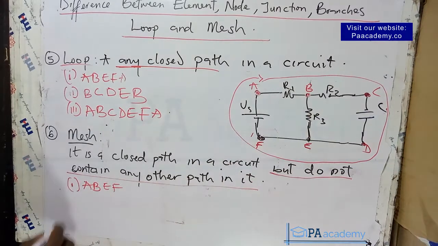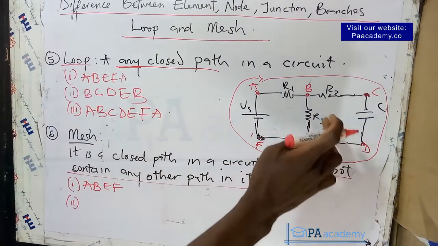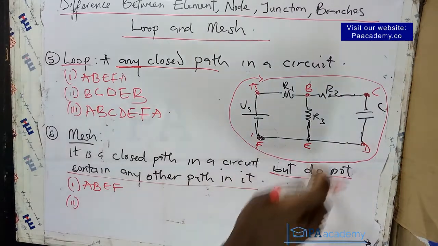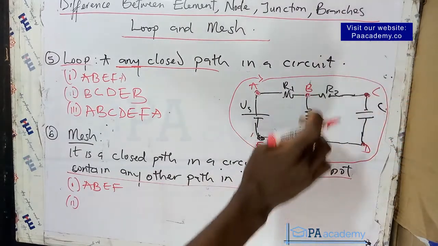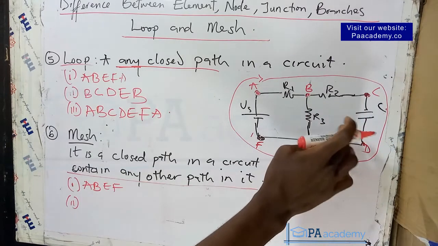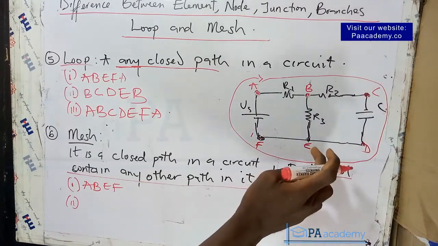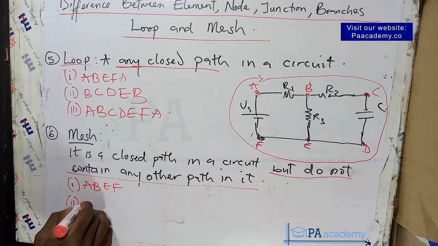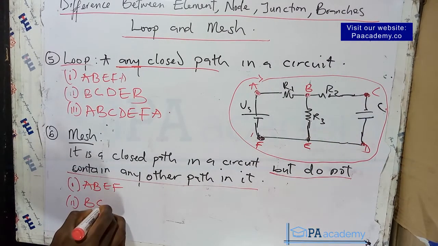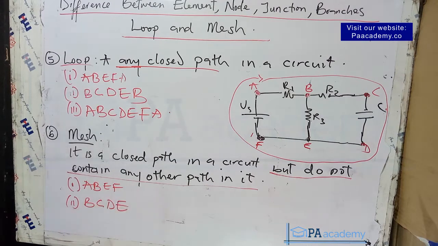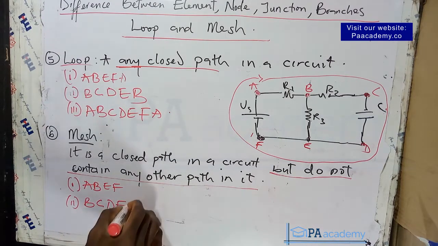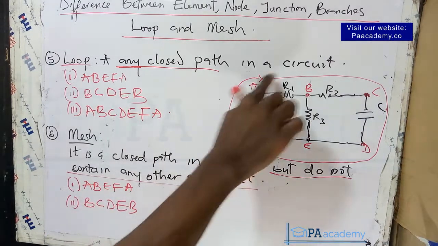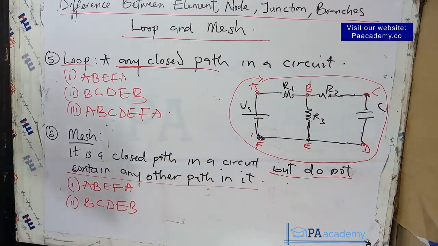Now if you also look at the other side, B, C, D, E, and B is also a mesh, because within this part there is no other part in B, C, D, E, and back to B. So that makes it a mesh.